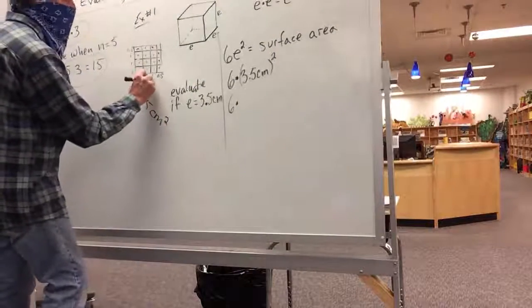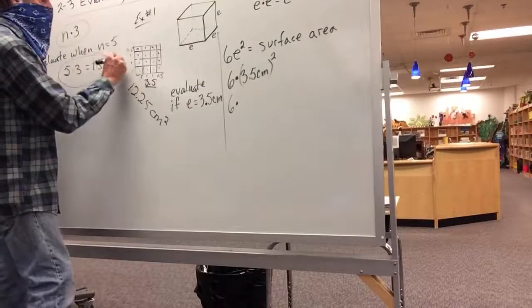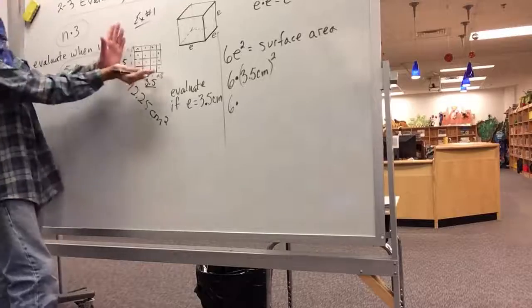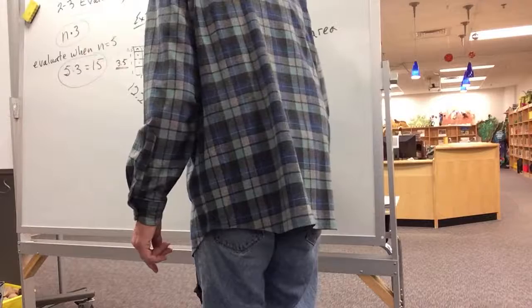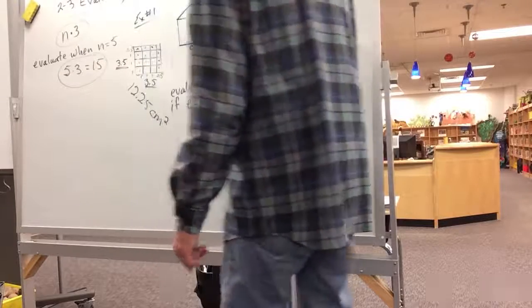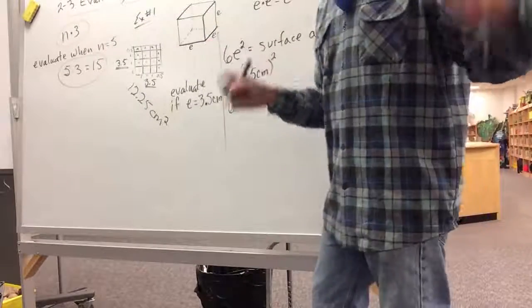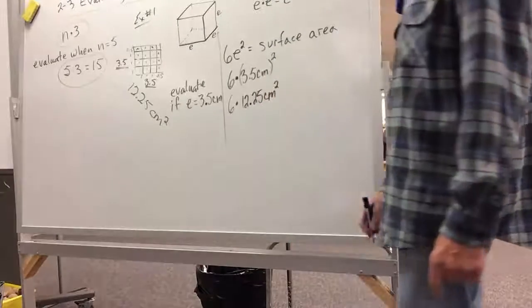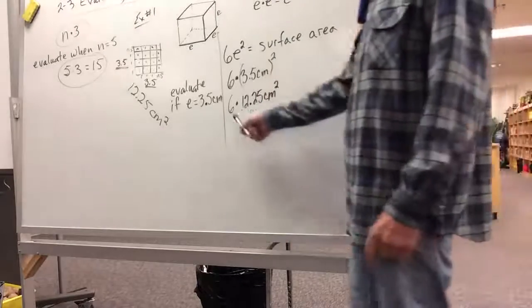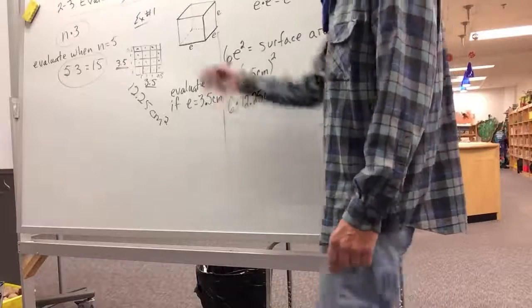Isn't this 3.5 here? 12.25. And this is 3.5 here, and I multiplied length times width. 12 point how much? 25. 0.25. And centimeters multiplied by centimeters is centimeters squared. So now what is 6 times 12.25? Because there are 6 sides.